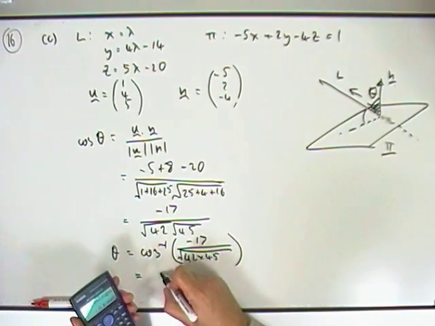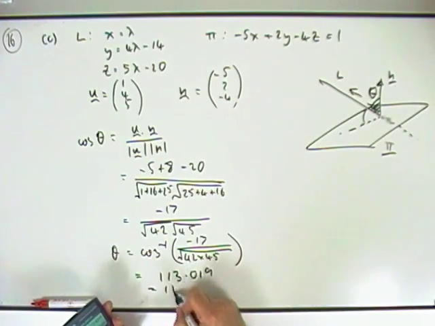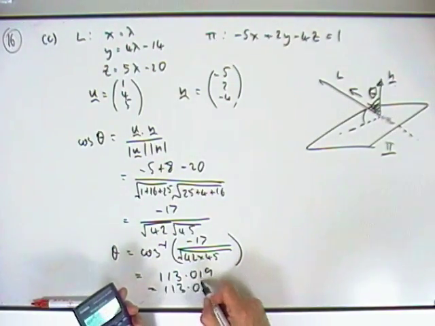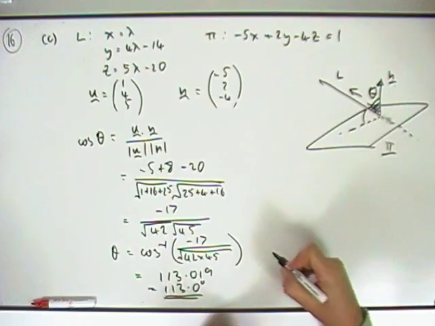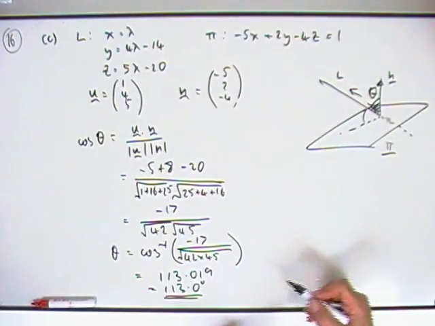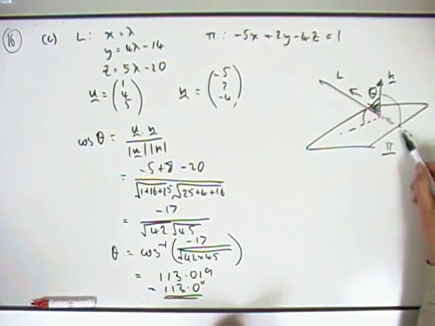Which comes to 113.0 degrees. But it says the acute angle, so I've obviously found the big angle, the obtuse one, between the normal and the line.